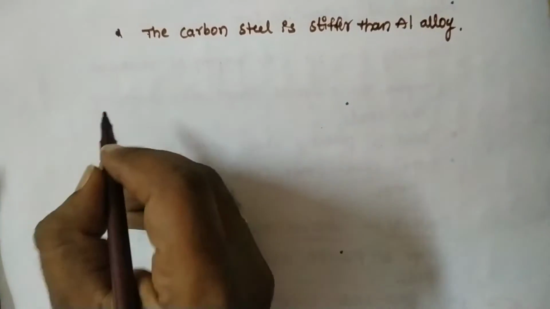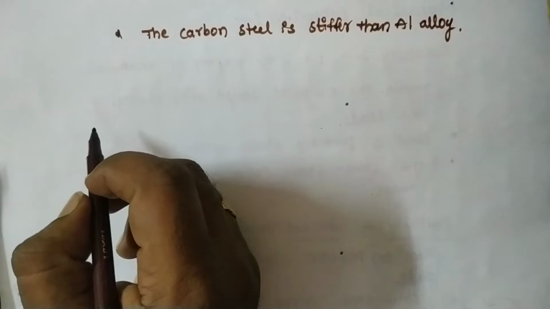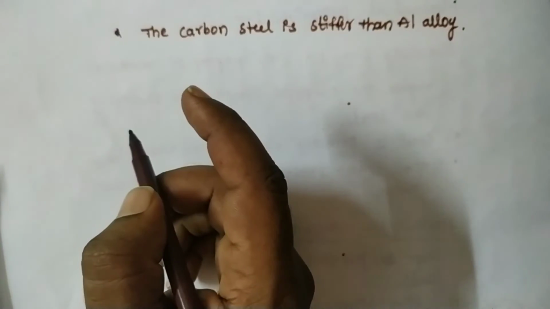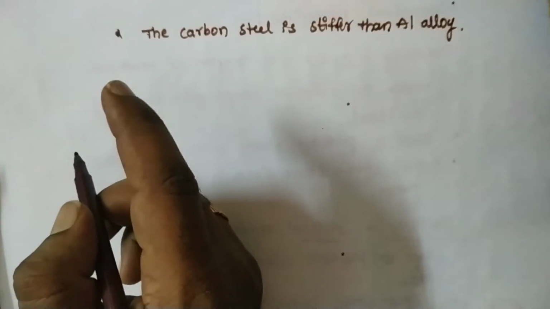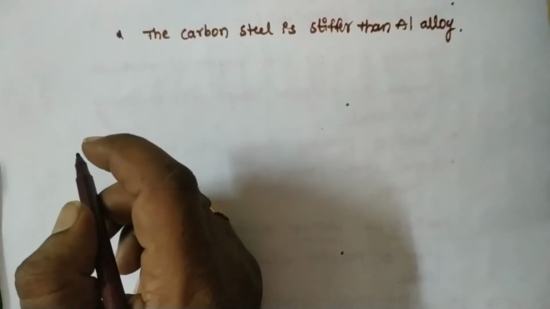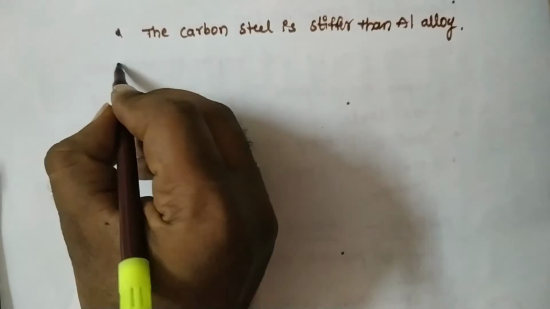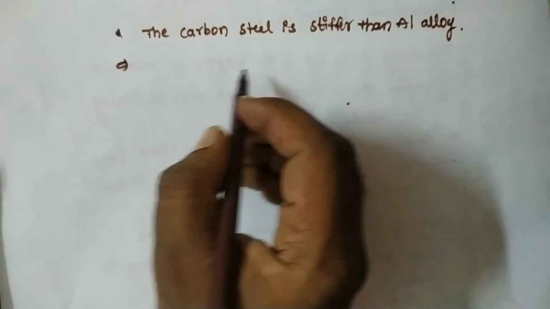This one is also a very important point for competitive examinations. The stiffness property is more important in consideration of the design of a transmission shaft. Okay, so this is the information about stiffness.